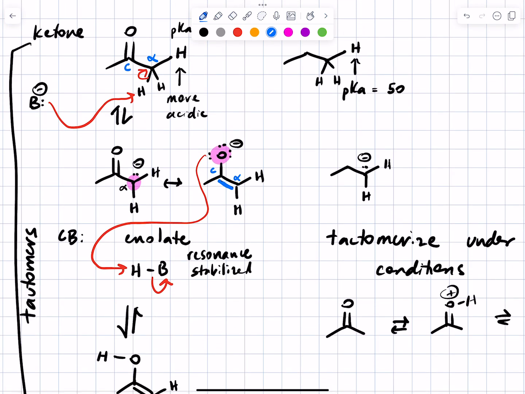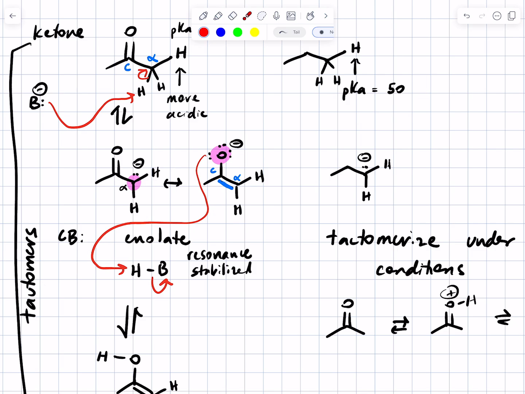So you would predict that if the stability of the enolate is going to relate to this resonance structure that has a carbon-alpha pi bond, then carbonyls that are more electron poor should benefit more from removing the alpha proton and generating this pi bond, whereas carbonyls that are electron rich should not benefit as much.